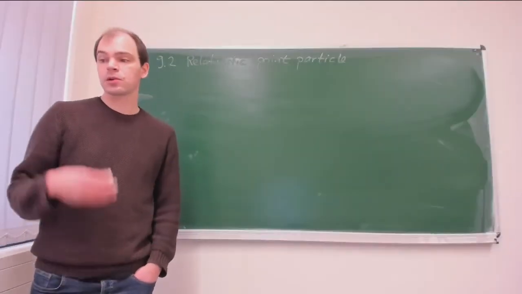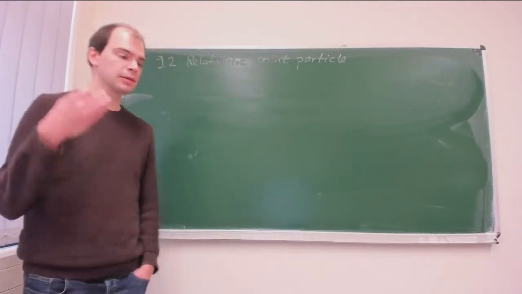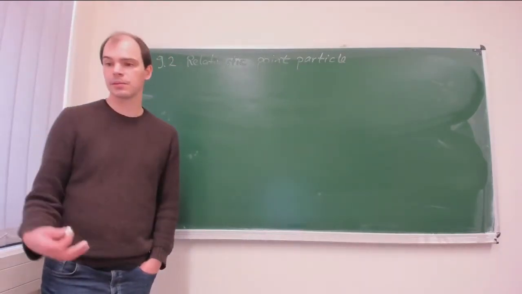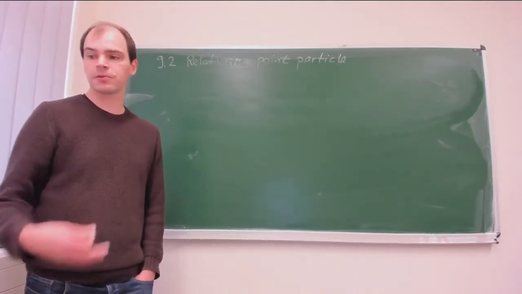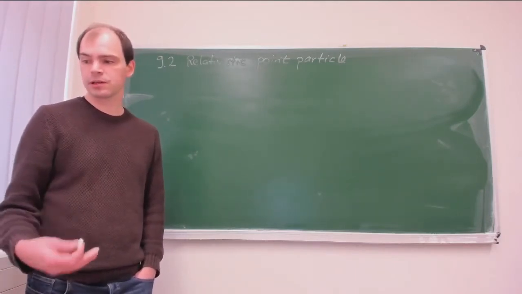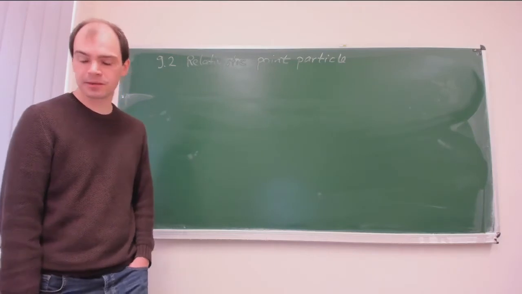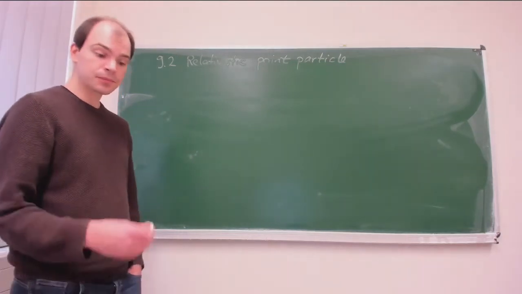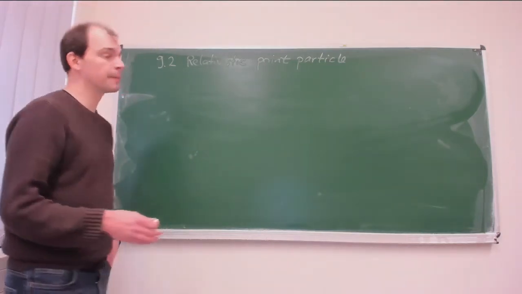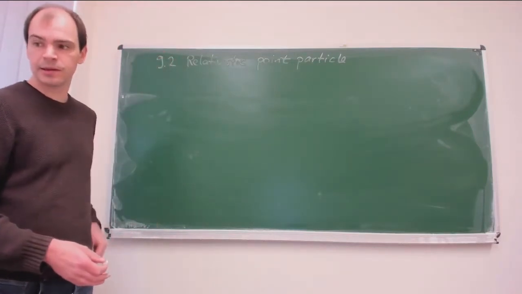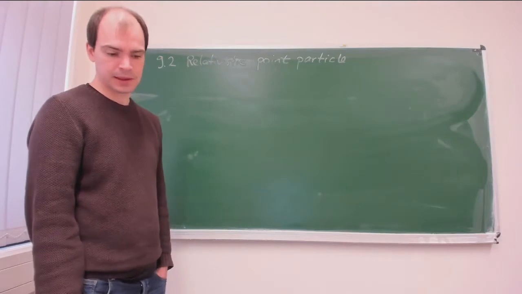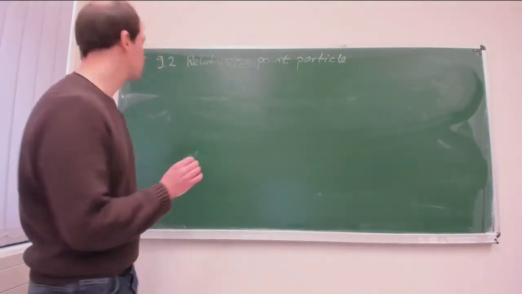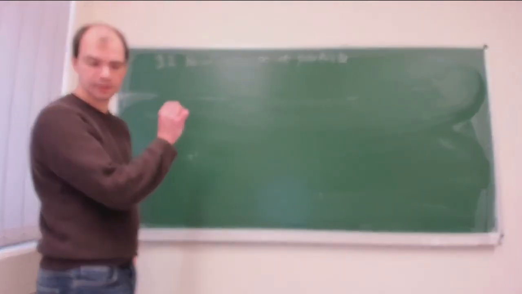So our goal is now to find a reasonable description, in a Hamiltonian Schrödinger equation formulation, of a clock, of a particle that has an internal degree of freedom. As a first step, we want to look at the relativistic point particle and its Hamiltonian. Before we do that, we just discuss very briefly the non-relativistic case.